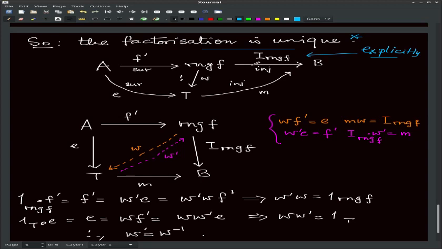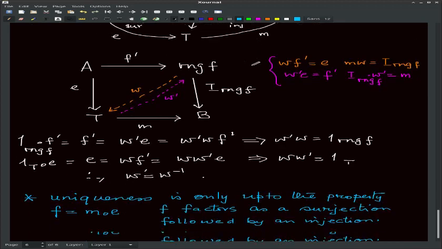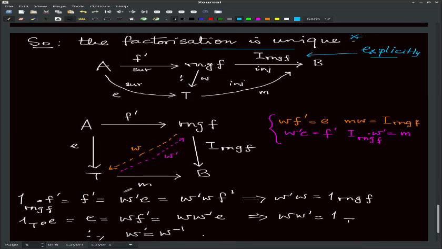On the other side, at the property level, you are saying that f looks like a surjection followed by an injection. So equation-wise, it looks like an ME, where M is an injective map and E is a surjective map. The moment you say this, you don't actually pin down this one, but you say that if you have anything else, then you have pinned it down up to a bijection.